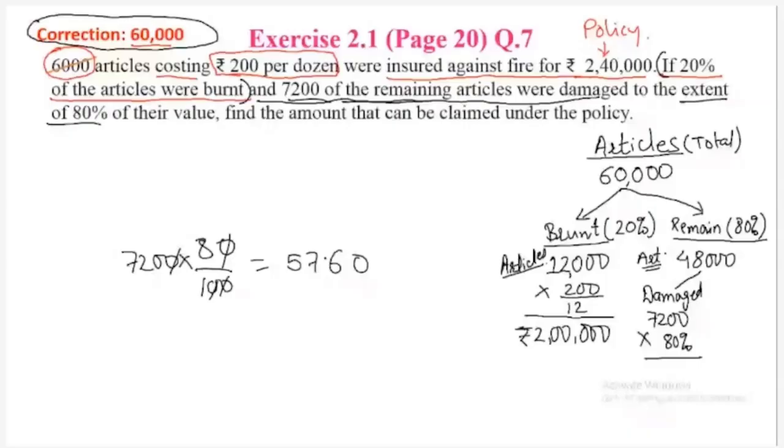You can take 80% of the value, or 80% of the articles, it will be the same. Harsh, you calculate the amount and then 80%, or 80% first and then the amount, it will be the same. 3 into 4 and 4 into 3 is one and the same.